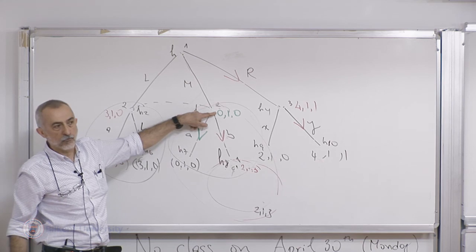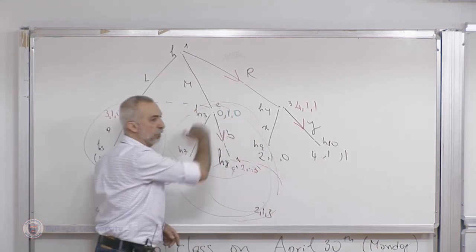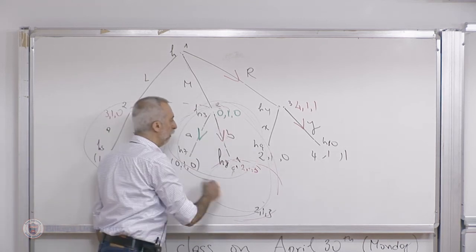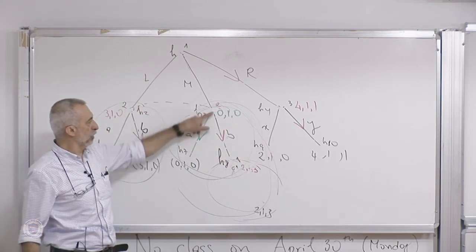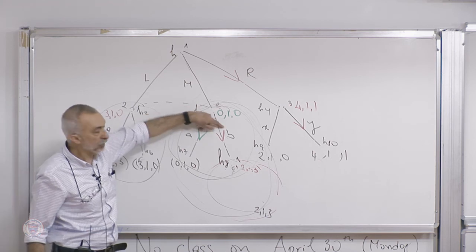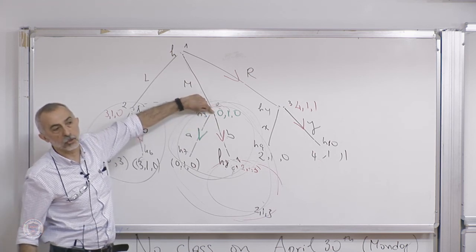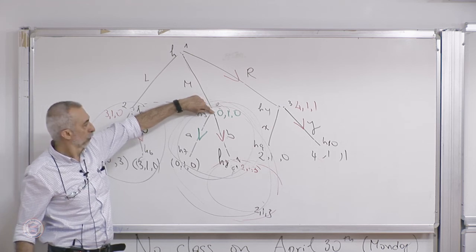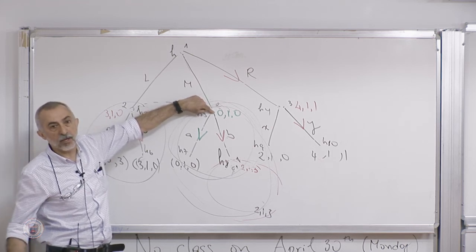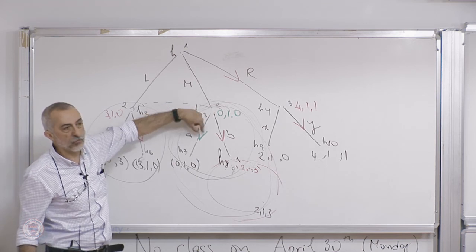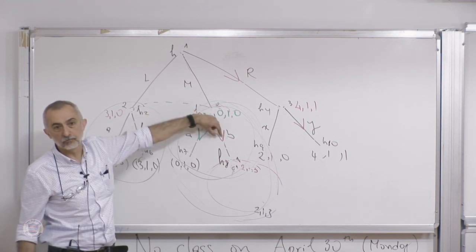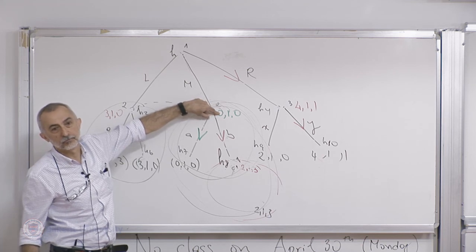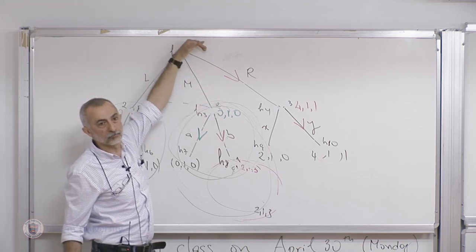Okay? So finding the Nash solutions of this subgame actually reduces to finding the optimal action, the maximizing action of player two at this node. Okay? So when am I guaranteed the existence of a maximizer? Well, if the number of available actions is finite, there will definitely be a maximizer. And I can go all the way up. Okay?